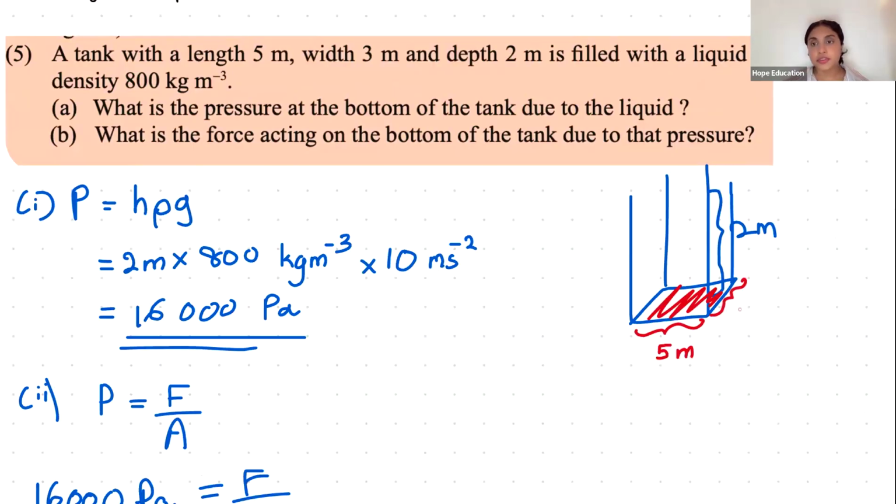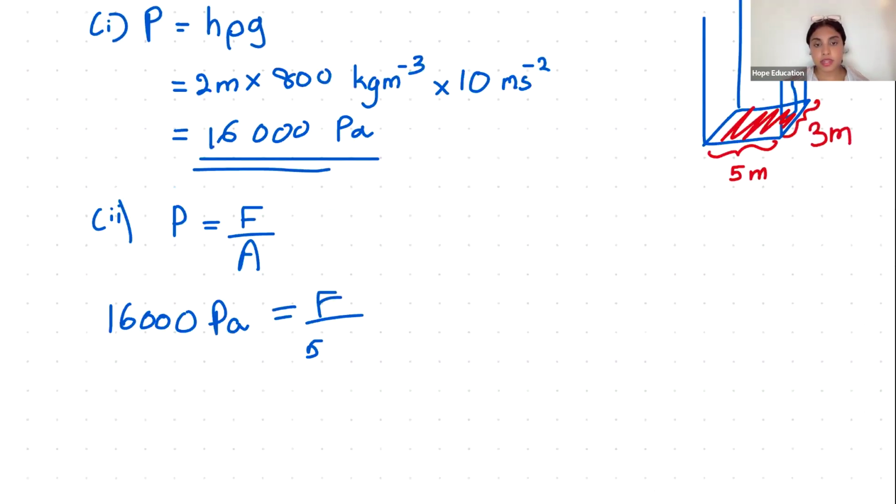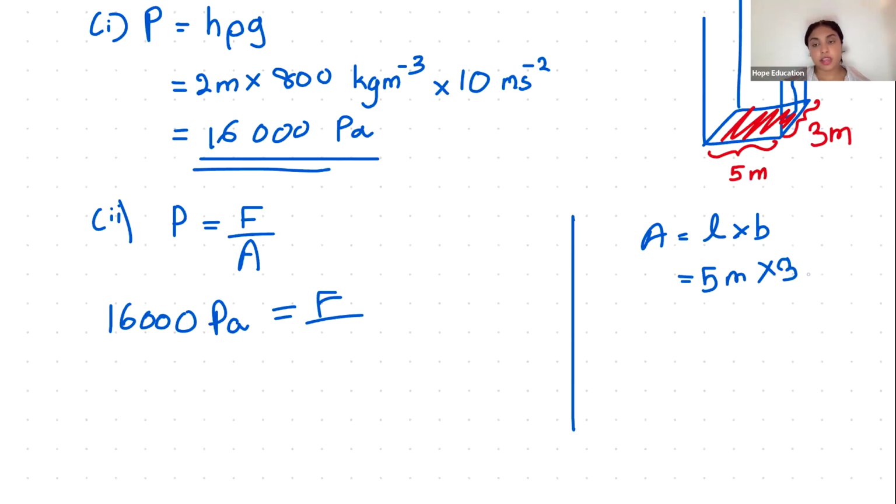So we can get the area as 15, right? Length into breadth. So 5 meters into 3 meters. On a side area, area equals length into breadth. Length is 5 meters. Breadth is 3 meters. So 5 times 3, 15 square meters.